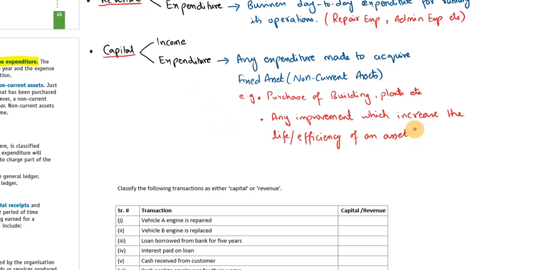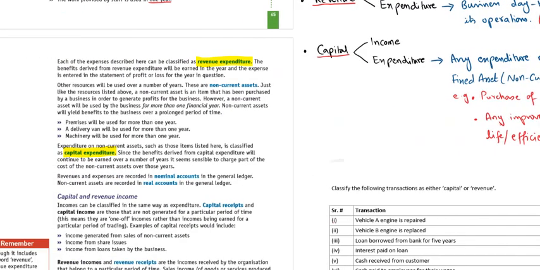For example, replacing an old machine part with a new part. So the cost of the new part will be the capital expenditure as per the definition. So this is the capital expenditure.